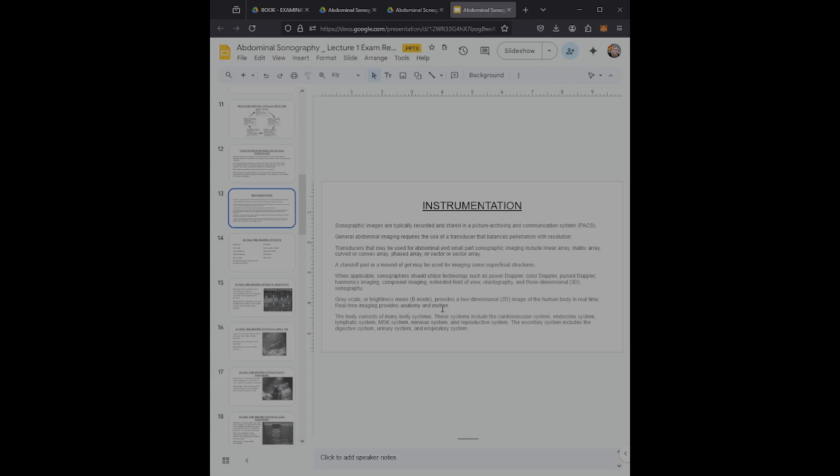So we can start with the body system level. We have the cardiovascular system, the endocrine system, the lymphatic system, the MSK system, the nervous system, the reproductive system, the excretory system, the digestive system, the urinary system, and the respiratory system.